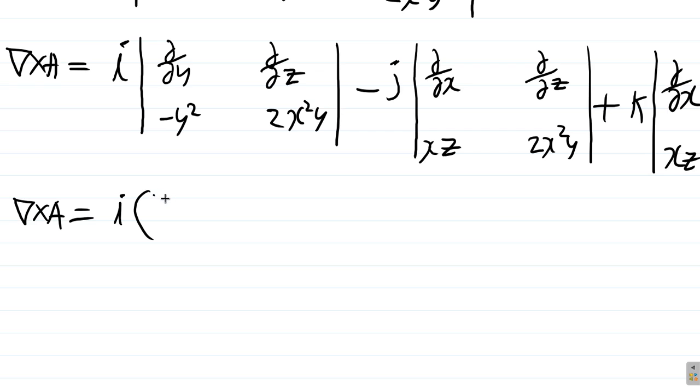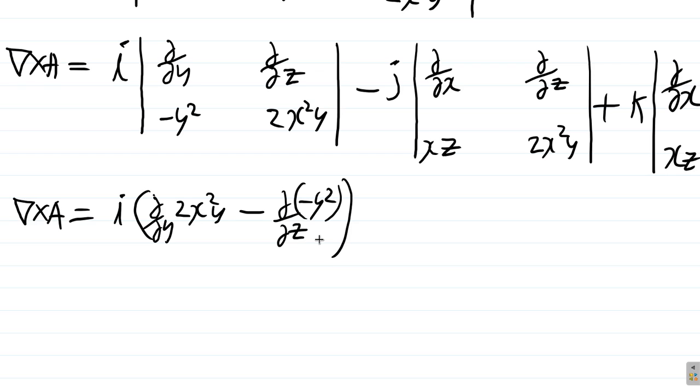and remember your ad minus bc with 2 by 2 determinants, delta by delta y of 2x squared y minus delta by delta z of negative y squared. Alright, so you have that.